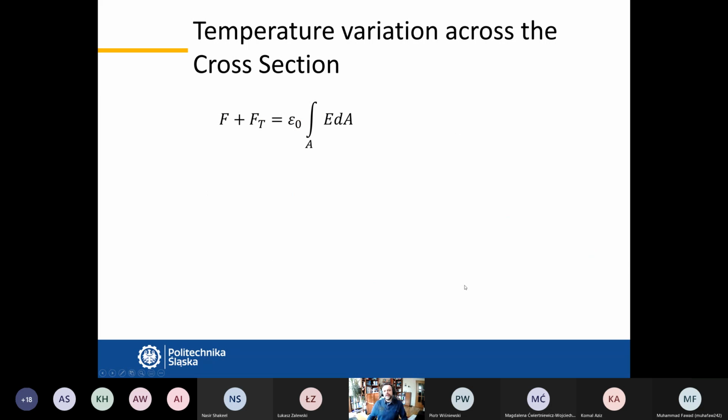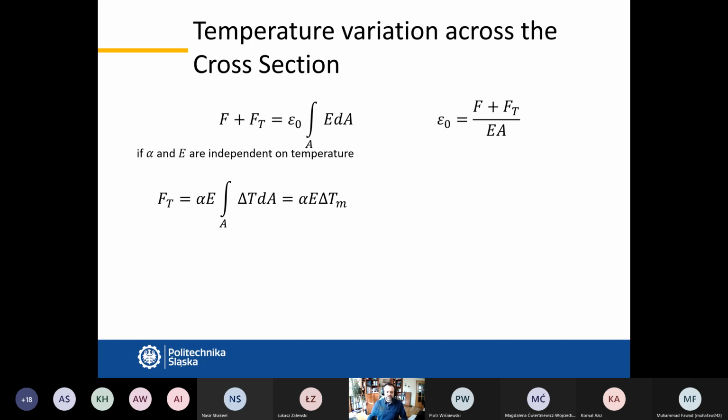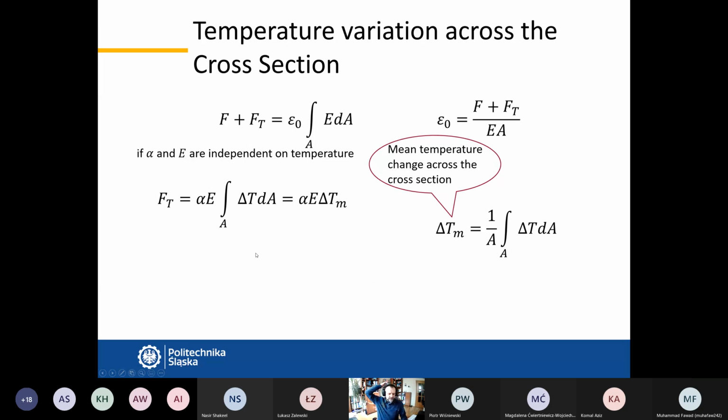But there are two material parameters, and if these two parameters are independent of temperature, they can be extracted from the integral, so they are out of the integral. So we have alpha E times the integral of delta T dA, and this is nothing else than the mean temperature across the cross section. So the mean temperature is calculated exactly as 1 over A times the integral of delta T dA.